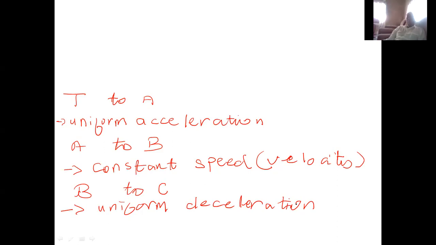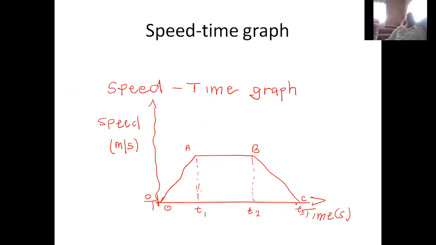What it means is that the object is moving from a higher velocity to a lower velocity. In our case here, it is moving from this velocity, which is V1 there, to some velocity here, which is 0. So this is how you can describe the motion of an object on a speed time graph.